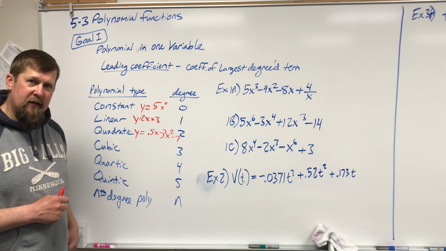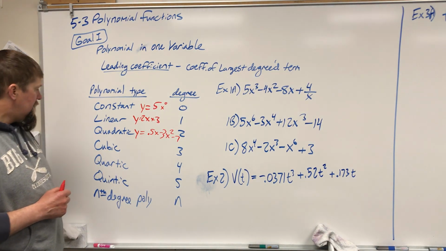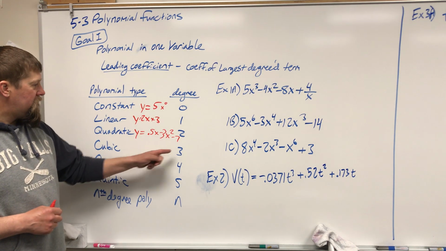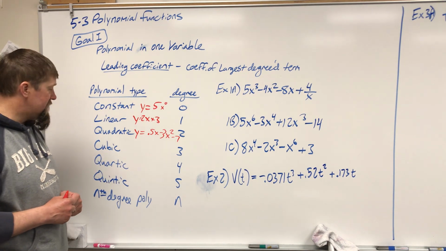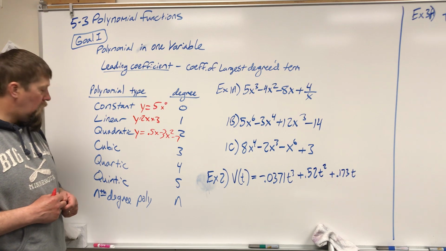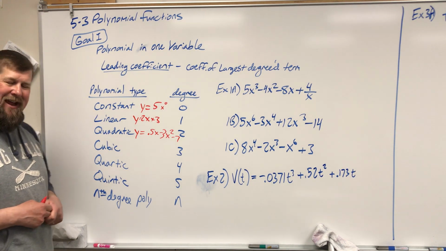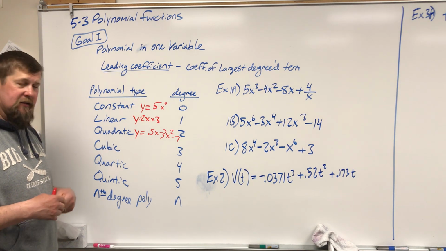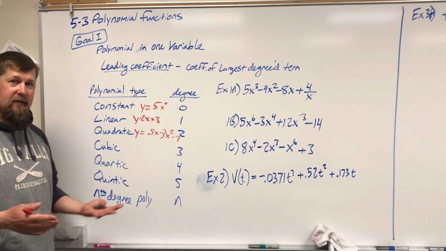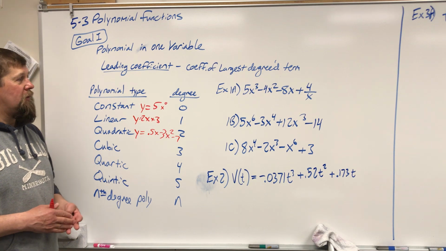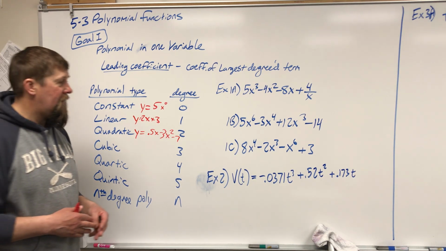This is not written in standard form. Cubic would have a degree of 3, so the largest degree term is 3. Quartic, 4. Quintic, 5. And then usually we just go right to nth degree polynomial. So like a 6th degree polynomial, you would say it that way. 7th degree polynomial, where the largest degree is 7.